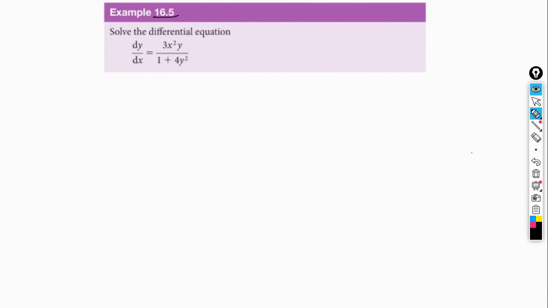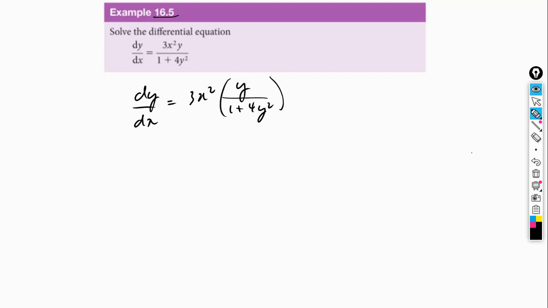And it says, solve the differential equation, derivative of y is equal to 3x squared y over 1 plus 4y squared. So notice that we can rewrite this as dy over dx is equal to 3x squared times y over 1 plus 4y squared.